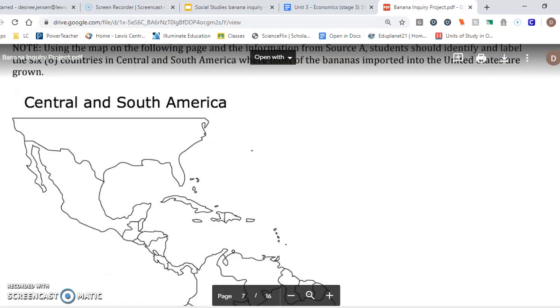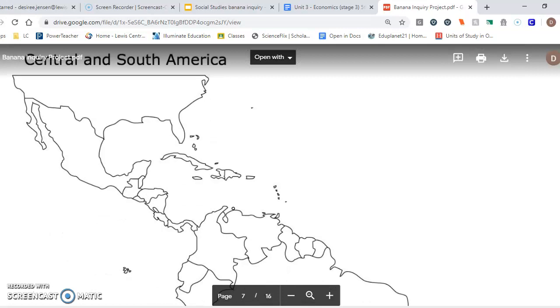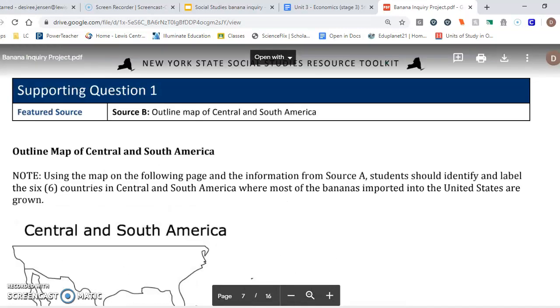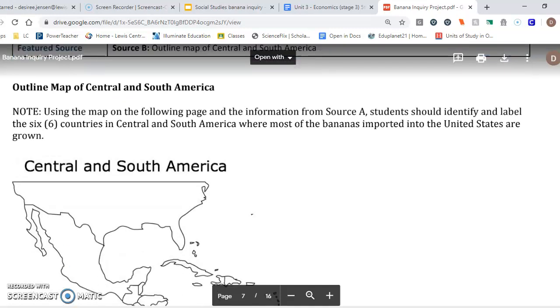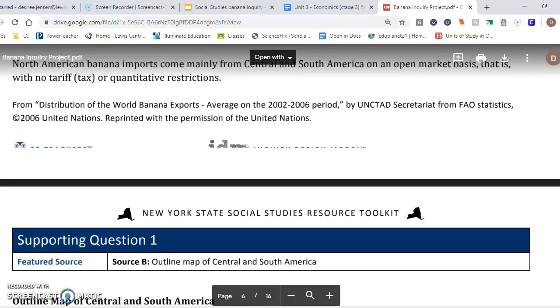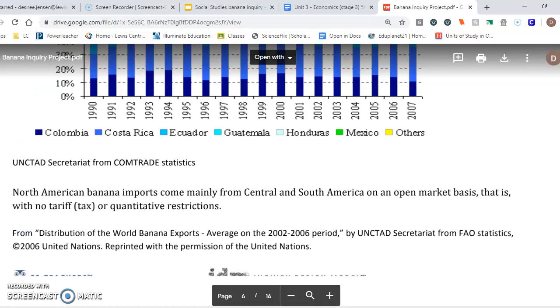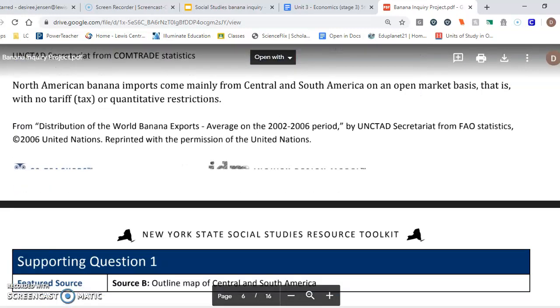If you don't have access to a printer, which is okay, exit out of this presentation or pause it and look up a map of Central and South America and see if you can find those countries that we talked about: Colombia, Costa Rica, Ecuador, Guatemala, Honduras, Mexico.